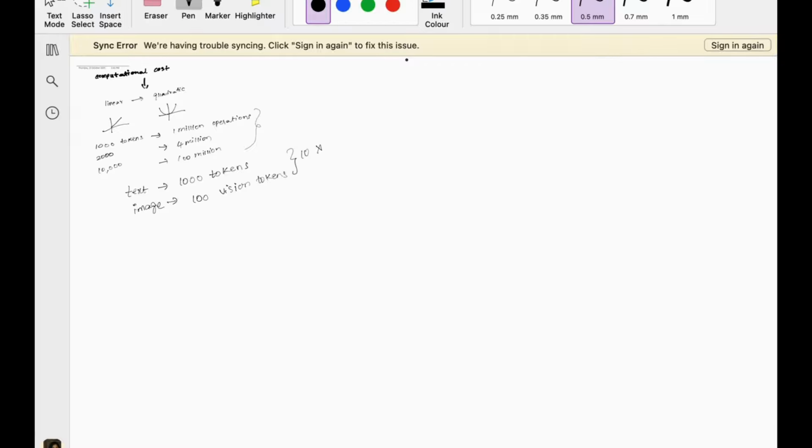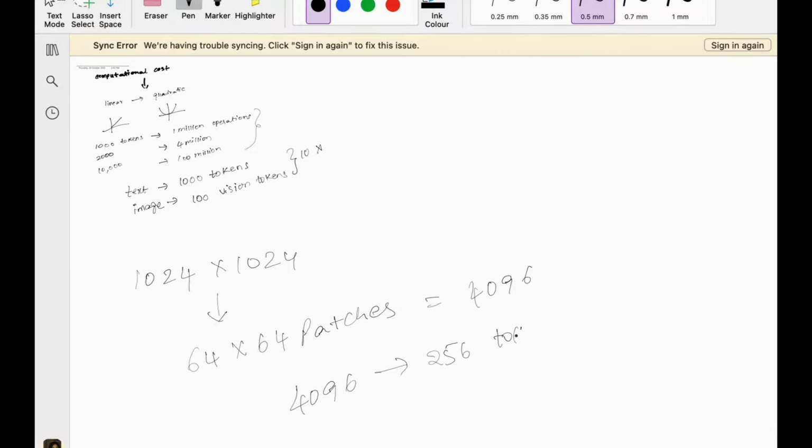First, we take a 1024 by 1024 image. They break this into 64 by 64 patches, which equals 4,096. Now these 4,096 tokens go through the compressor, where they do 16x compression, and the tokens are reduced to 256 tokens.